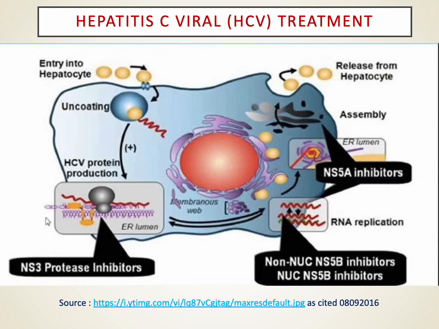So there are different treatment modalities that are effective for hepatitis C viral infections. There are NS5A inhibitors, the nucleotide NS5B inhibitors, and the protease inhibitors for the NS3. So they work at different points in the cycle of viral replication.